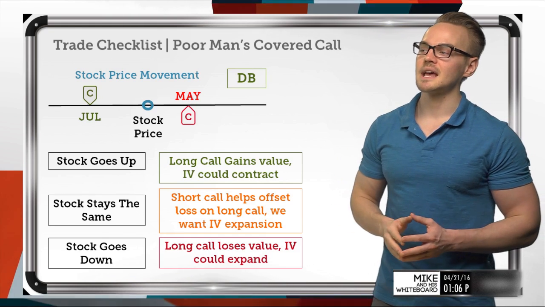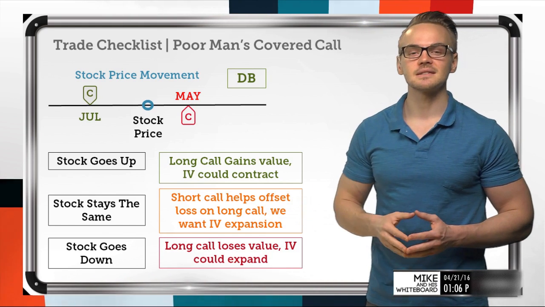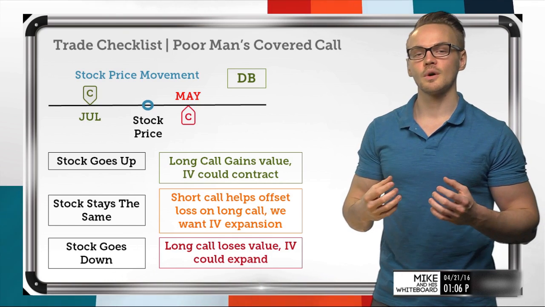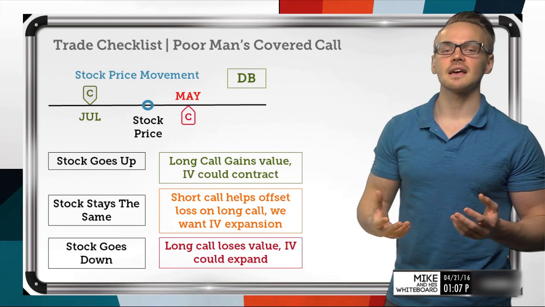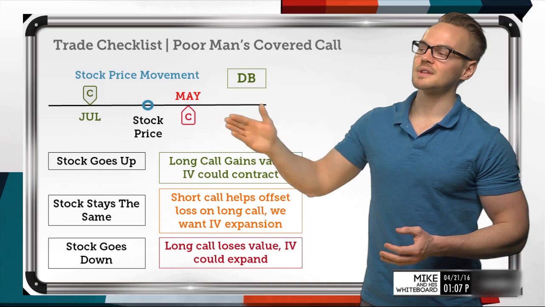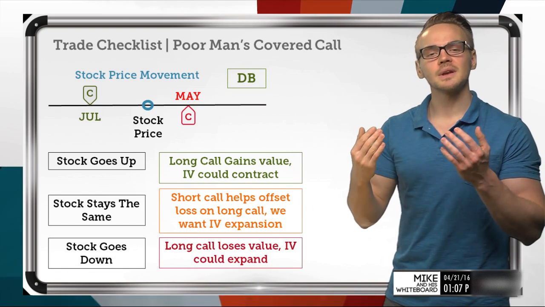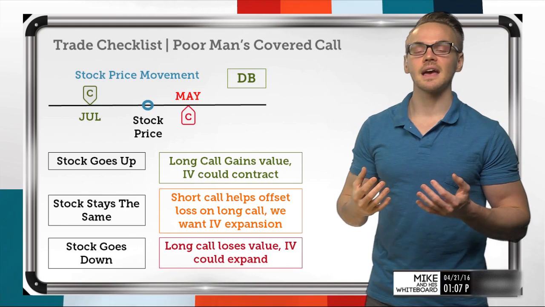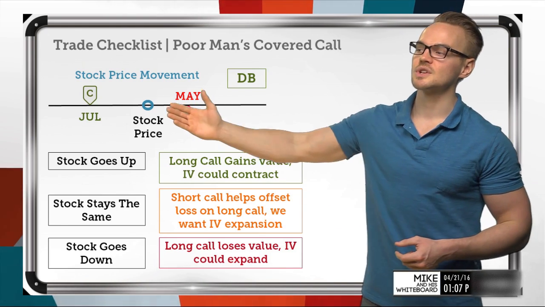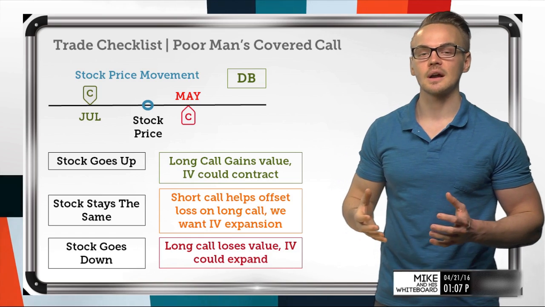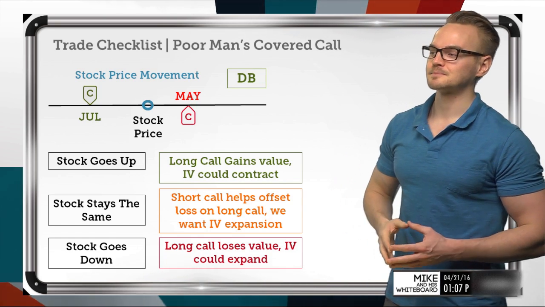So every single day that goes by where the stock price stays the same, we're going to see that long call lose a little bit more value. But since we sold the short option, we're going to see that option lose value as well. That helps us offset the theta decay that we would normally see if we were just long this option. And that's exactly why we sell this option against that long option.